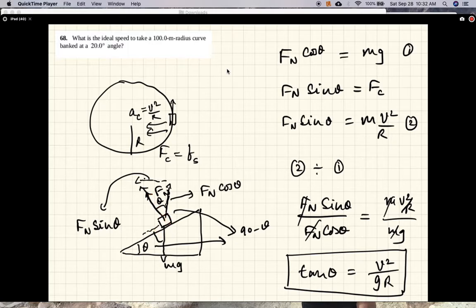All the centripetal force will be provided by the normal force. Of course, if you go faster than that at that bank angle, you'll need a static friction force. If you go slower, the static friction force acts in this direction to prevent you from sliding. That's the relationship between the ideal speed and the bank angle.